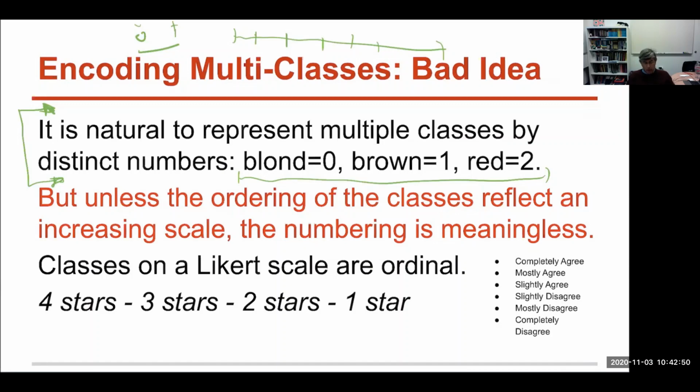So for example, if we wanted to predict what hair color somebody was, we might have blonde be 0, brown be 1, red be 2, maybe black would be 3. Why is that a bad idea? Or when is it a bad idea to label multiple classes by a single variable?